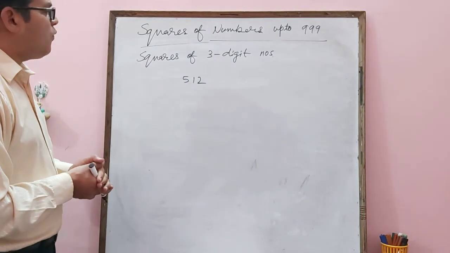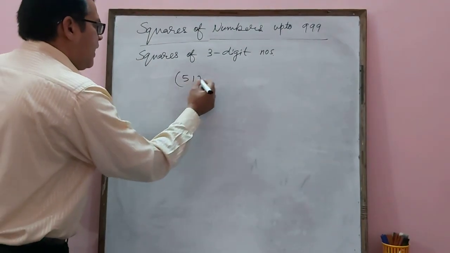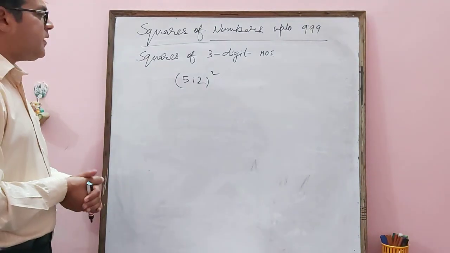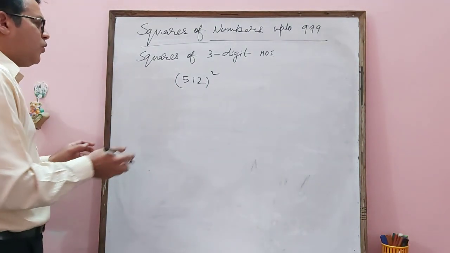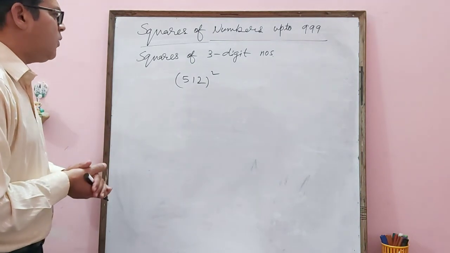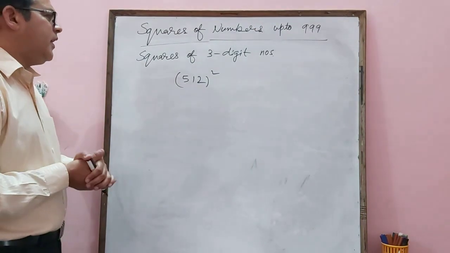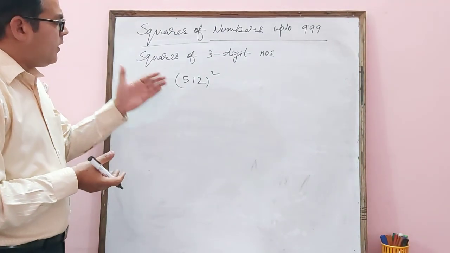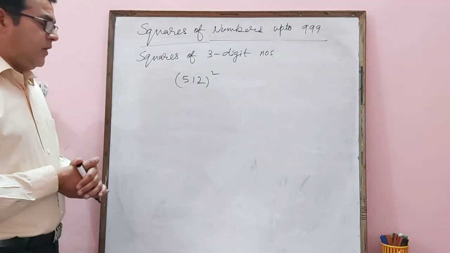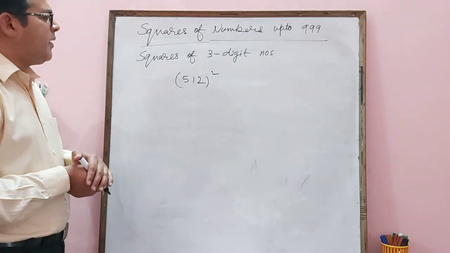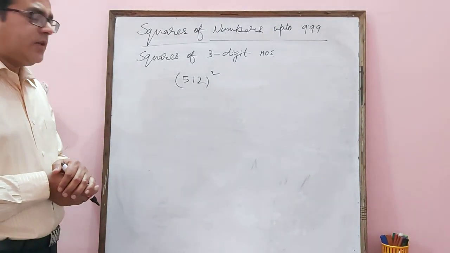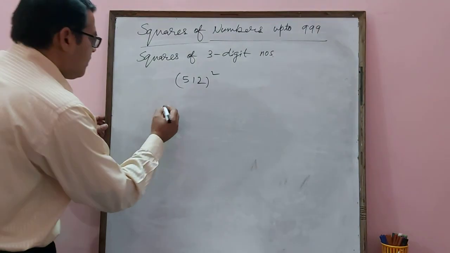Right? So 512, how can we write the square of this 512? The first step, what to do first? We need to check which number is just near to this, which has a number of zeros in it. So we can see here 500 is near to 512, which has zeros in it. Right? So how to make this number 500?